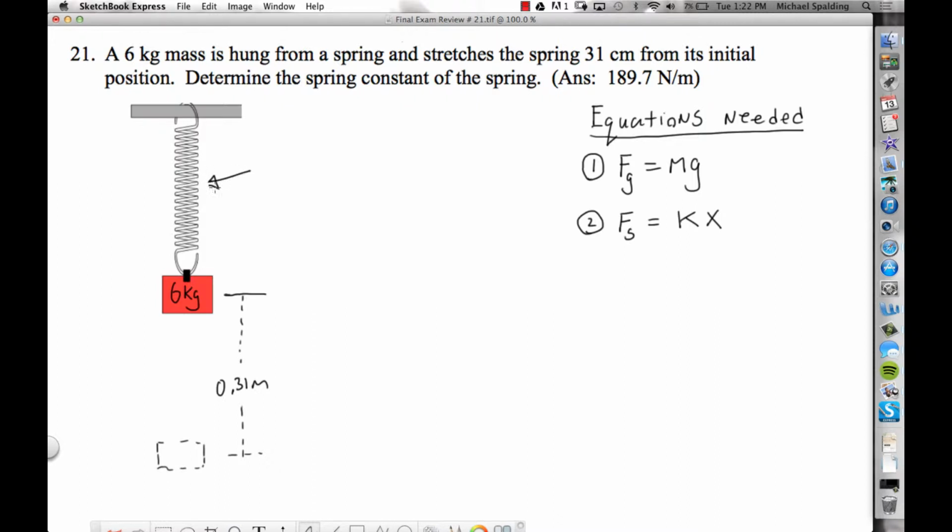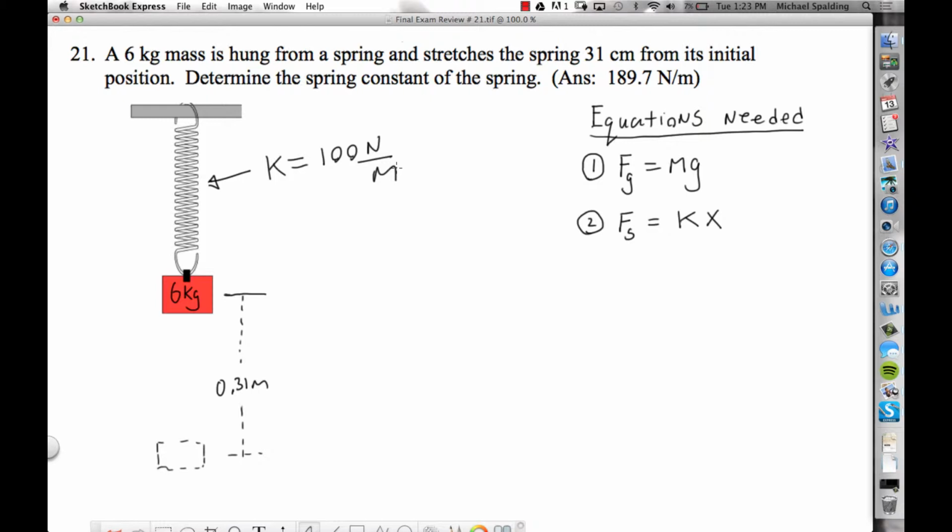Now look, let me just remind you of what the spring constant is. Every spring has its own spring constant. And basically the spring constant is how strong the spring is. If you have a real tight spring, that has a big spring constant. If you have a loose spring, that has a low spring constant. Well, let's just say for example that this spring constant were 100 Newton per meter.